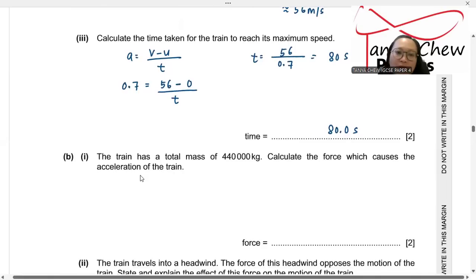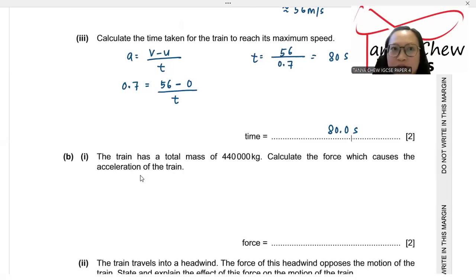Now, b part 1, the train has a total mass of 440,000 kilograms. Wow, such a heavy train. Calculate the force which causes the acceleration of the train. If you have already calculated the acceleration or the acceleration is given, I would strongly suggest you to use F equal to ma.